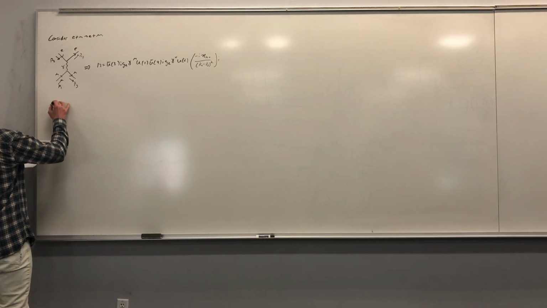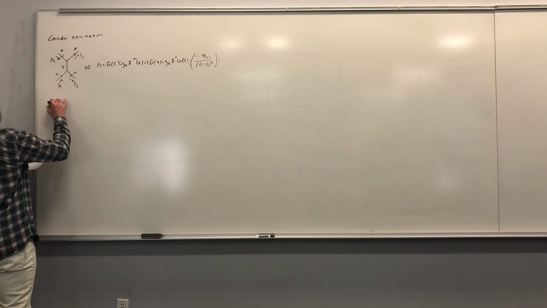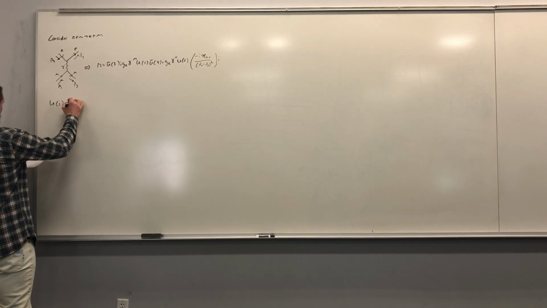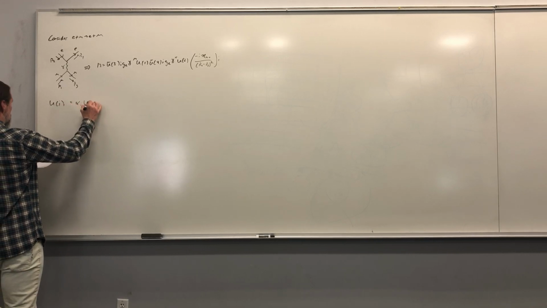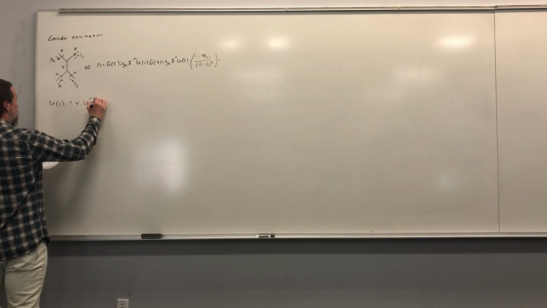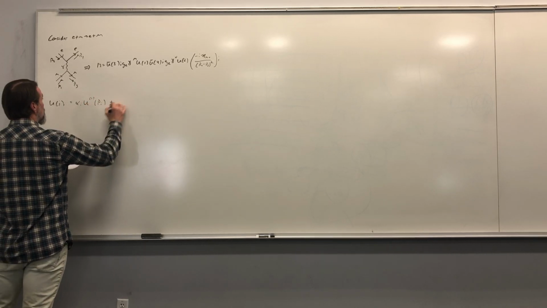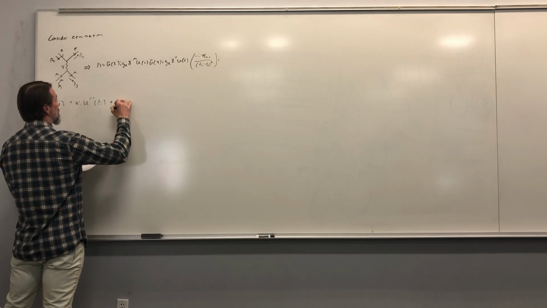So let's go ahead and get started. If I am considering the polarization of the ith state, then I can imagine that I'm basically doing a linear combination of the 1 and 2 polarizations.